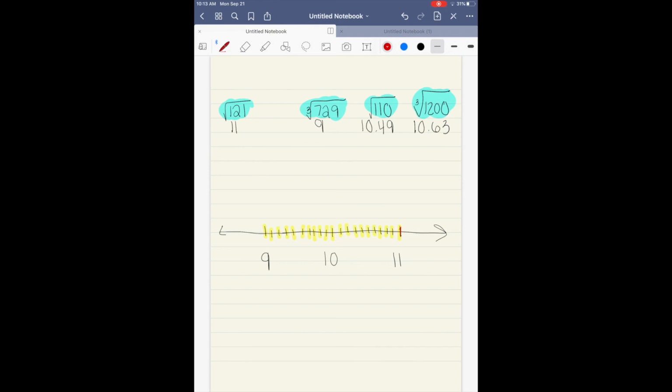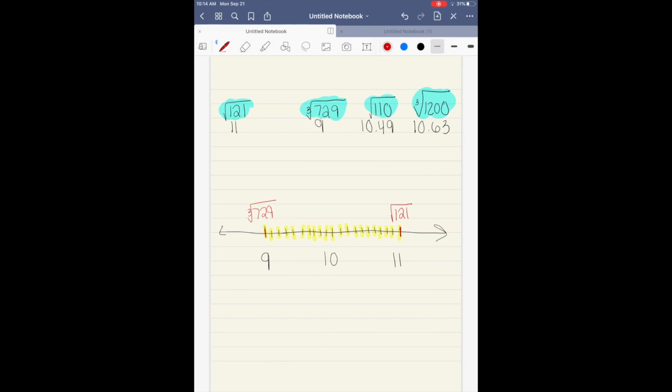So I'll put a little red notch there, and we're going to write the square root of 121 here. And now we got our first one down. The next one is 9, cube root of 729. That's also going to go right on the 9 there. Very simple. Then just make sure you're writing cube root of 729 instead of 9.